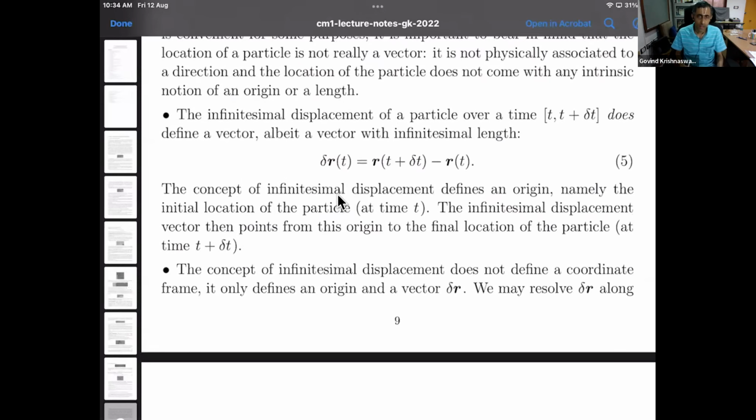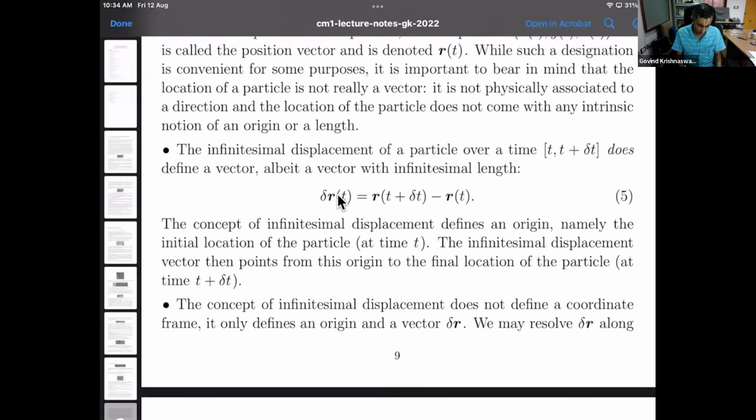Of course, giving an address to any of those locations needed a coordinate system, and we spoke a little bit about that. We will say more about that now. But the main point was that the location of a particle is not a vector.